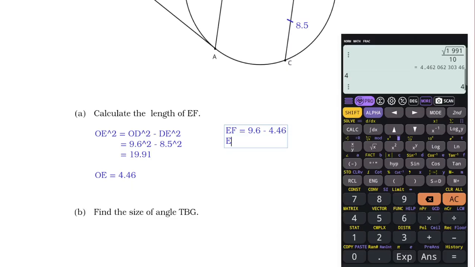This is going to give me EF equal to, let's use the calculator, 9.6 minus 4.46. The answer is 5.14. And that's the answer there.